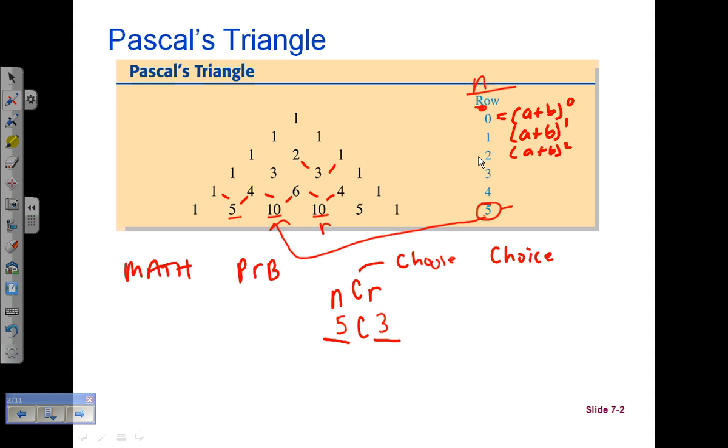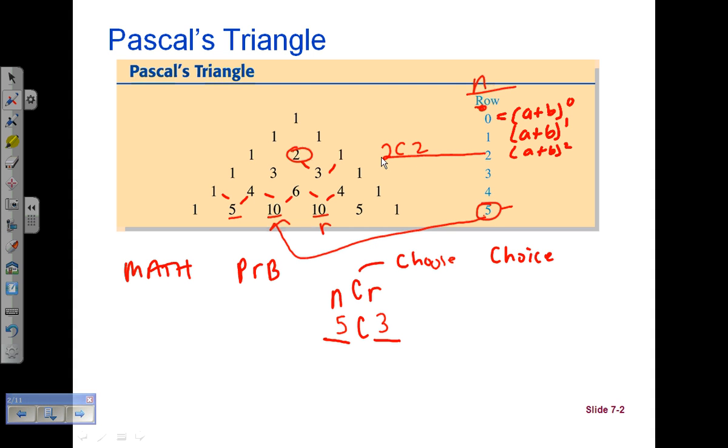So if you went 2C2, you should get 2 when you do that. Math, PRB, nCr 2, and you get 1. I don't understand. Oh, wait a minute. 2C2. It worked a minute ago.